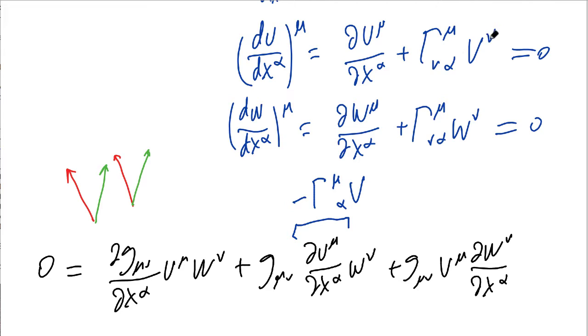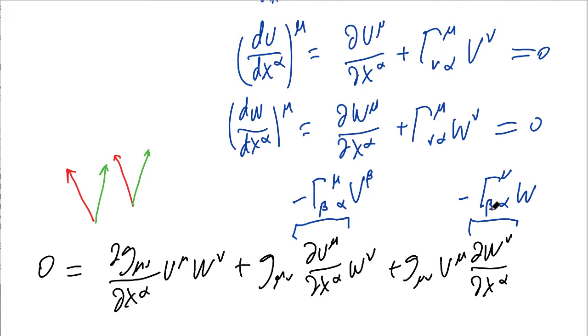There's a v here. There's a repeated index nu, but I don't want to use the index nu because I'm already using the index nu here and here as a repeated index. So let me come up with another Greek letter, say beta. All right? And similarly, for this expression, this is minus gamma. The upper index is nu instead of mu. We have a lower index alpha, and then we have a repeated index on the first lower slot of gamma and w. And let's not use the letter nu again, because it's being used here and here.